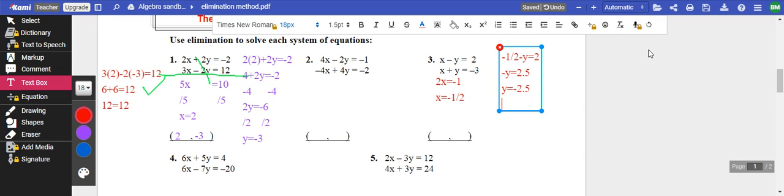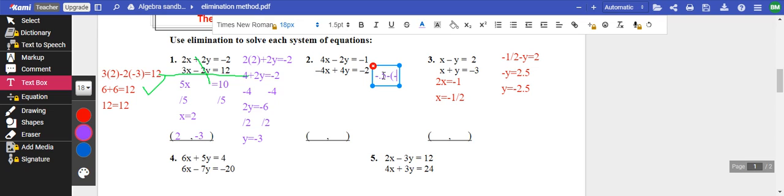Now I'm just going to check my answer. I'm going to do this in a different color. Negative 0.5 or 1/2. Remember, they're the same thing. I'm using them interchangeably on purpose so that you guys can see that they're the same thing. I've got a negative and a negative.